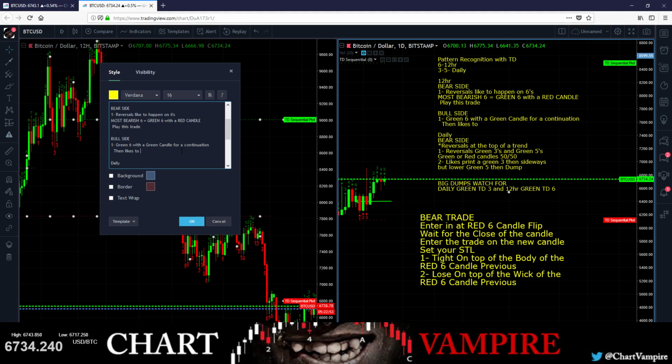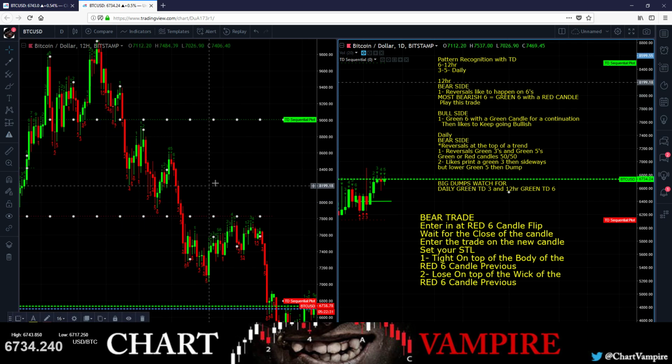So I would say this is very bullish. So if it goes to a green 6 and hits a green 9, it seems like it likes to keep going. All right, so it likes to keep going bullish.